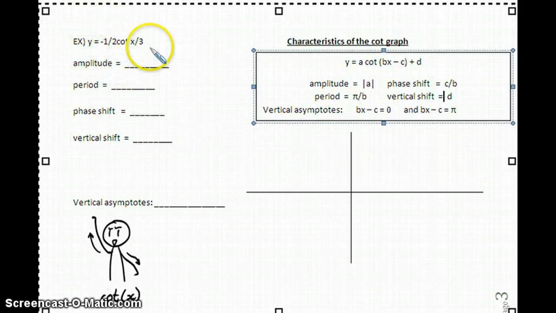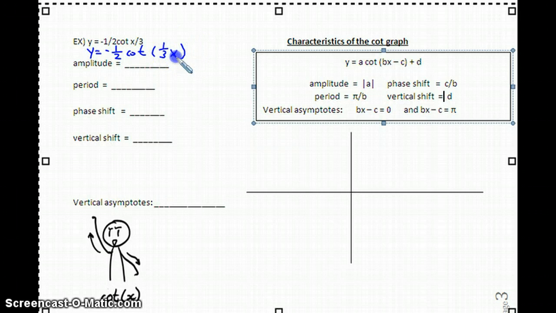Okay, taking a look at this next graph, a couple things stick out to me. First of all, I've got a negative amplitude, and I've got a cotangent here that's written as x over 3. So I'm going to rewrite this to say y equals negative 1/2 cotangent of, in parentheses, 1/3 x.